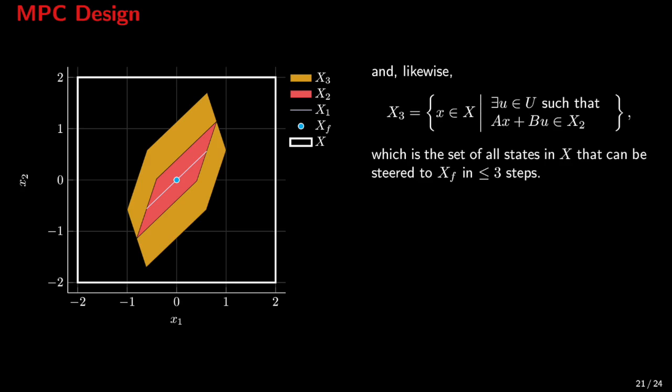So the orange set is the set of all states that can be steered in 1 step into x2, or if you want to put it differently, it is the set of all states that can move in 3 steps at most. There is a way for you to arrive at the origin.